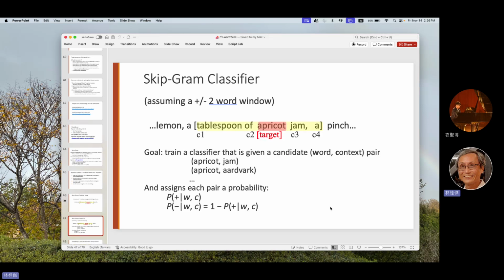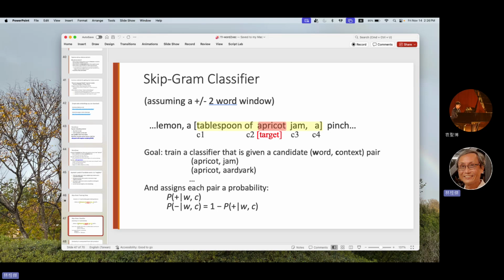From that, we can say the probability of this W and C, this is the W and this is the C, should be together. We want to train this so that apricot and jam are close to each other, but apricot and this particular random word are not close to each other.